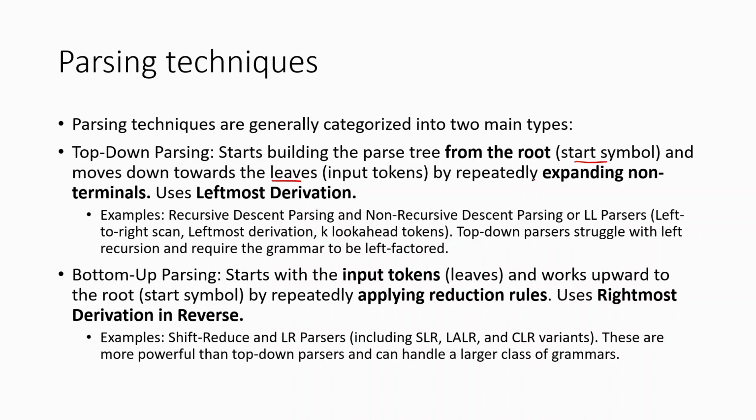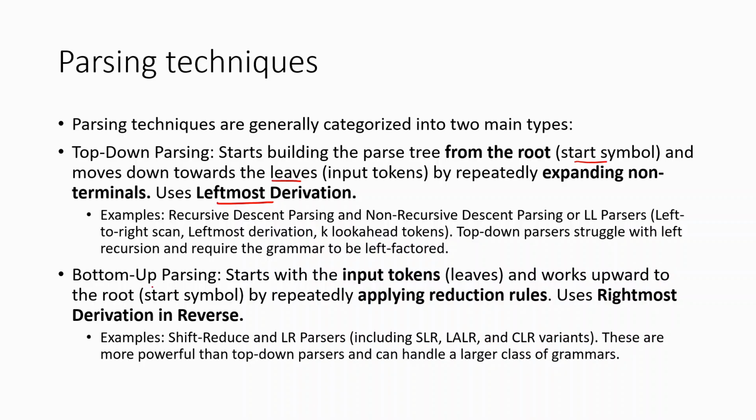It expands the non-terminals to reach the tokens, and it uses the leftmost derivation for this process. Mainly, we have two types of top-down parsing: the recursive descent parsing and the non-recursive descent parsing.